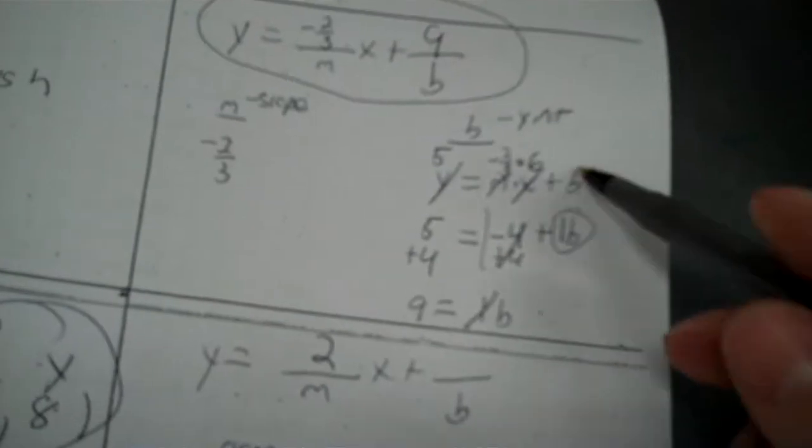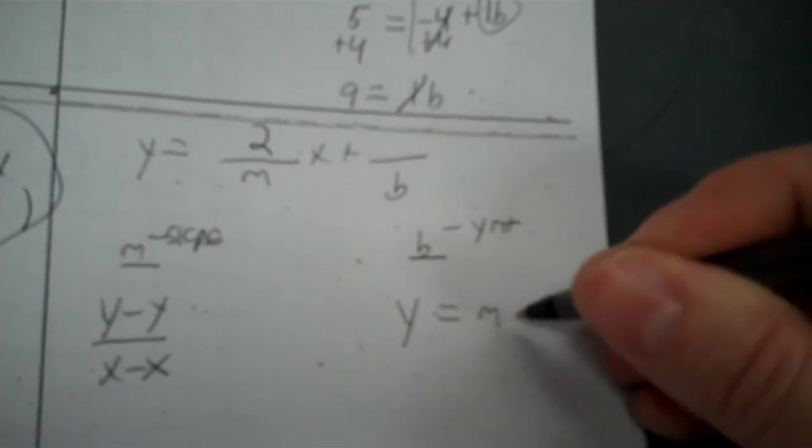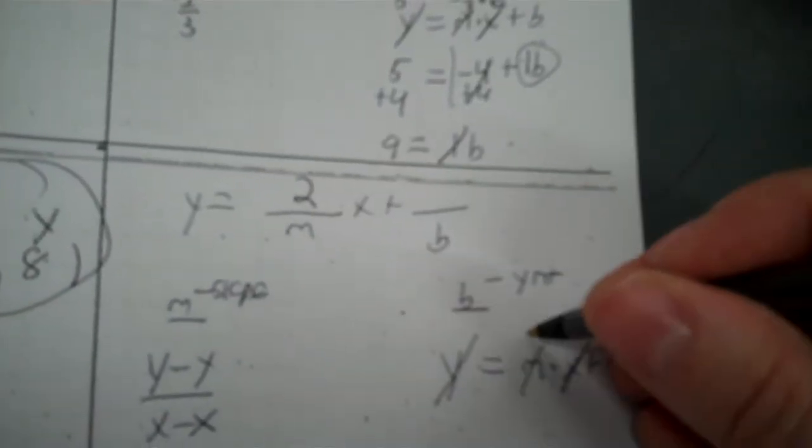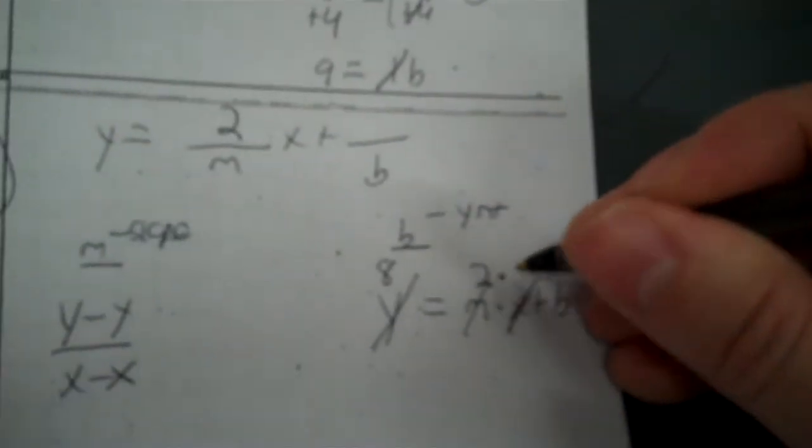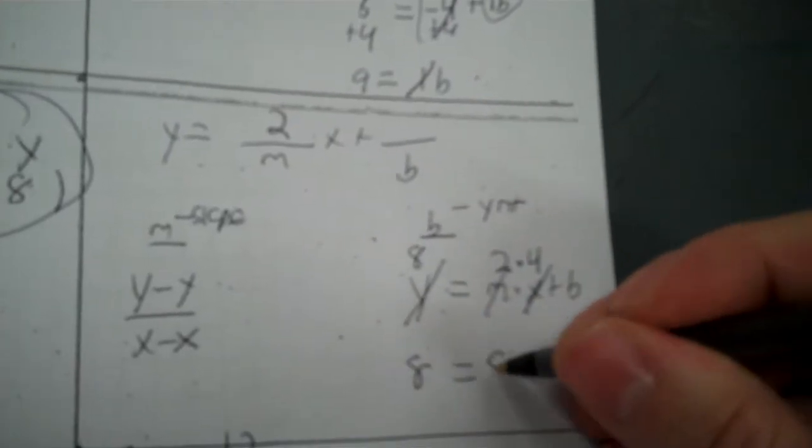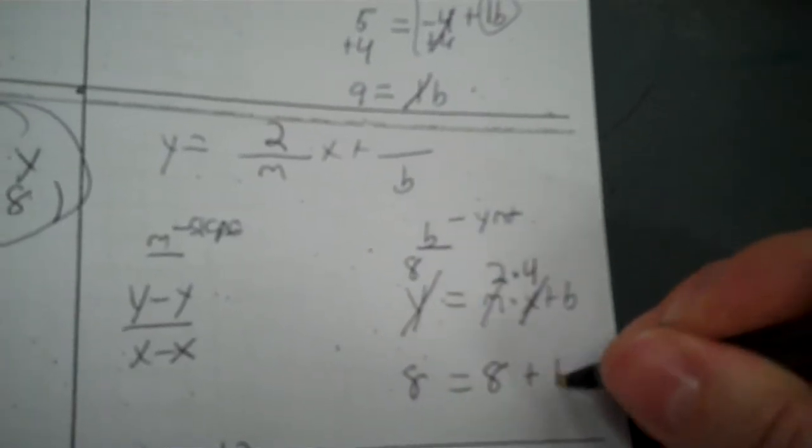Now B, you find B the same way you did up there. You find the B's the same way every time. Get rid of the y, the m, and the x. M is the 2 I just got. For y and x, you can pick either one. I'll go with this one. So 8 will replace my y, and at that same time, 4 will replace my x. So 2 times 4 is 8 plus b.